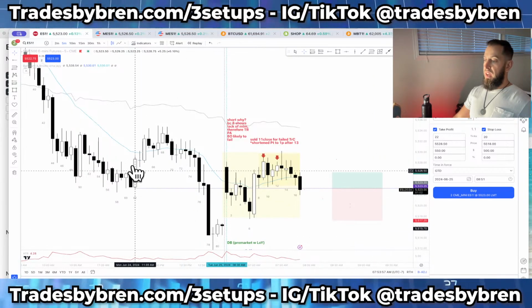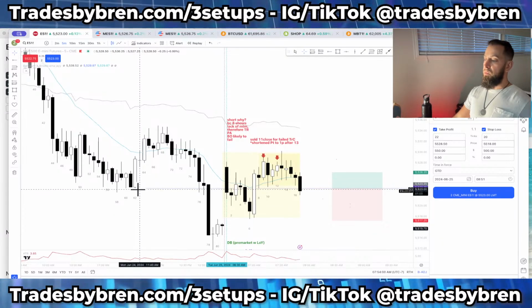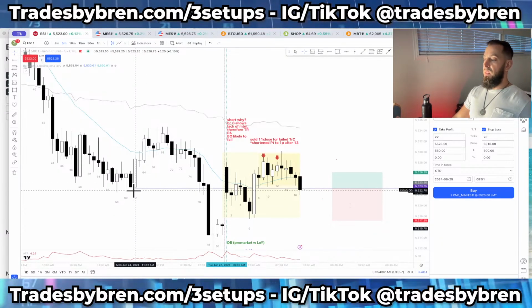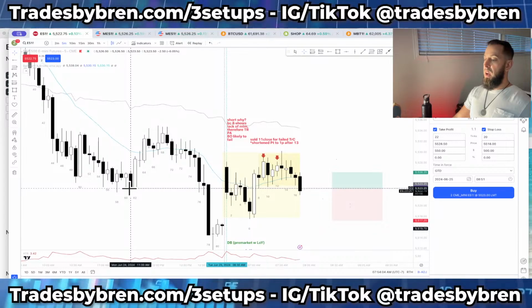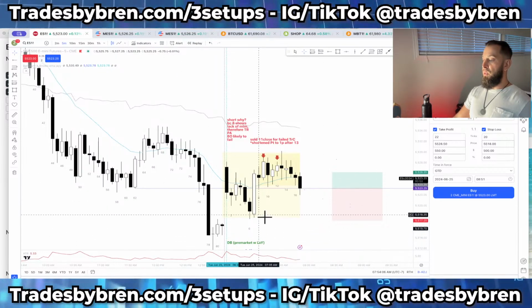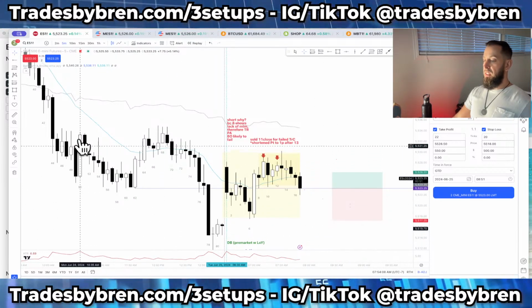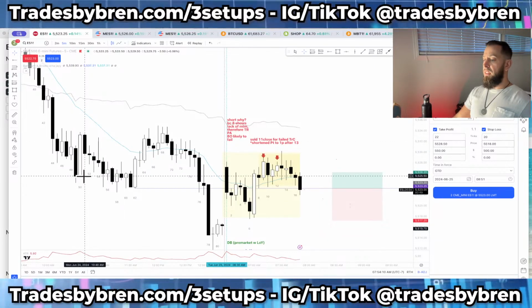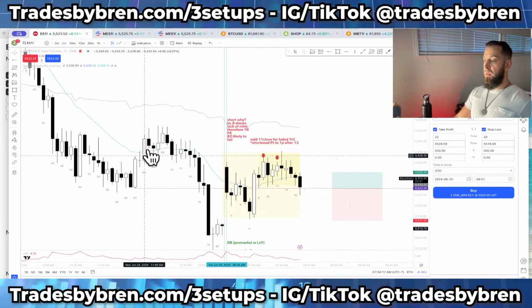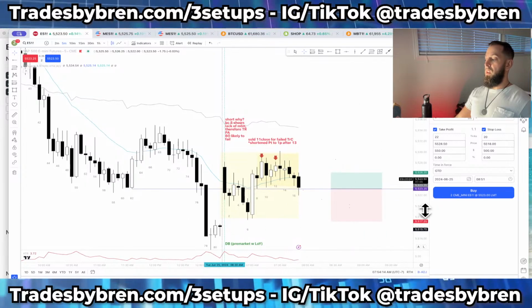If I see a big bull bar like this, I usually think that there will possibly be buying below it. You usually see it, right? Like, look at this big bull bar. As soon as we got a couple points below it, boom, big move up.